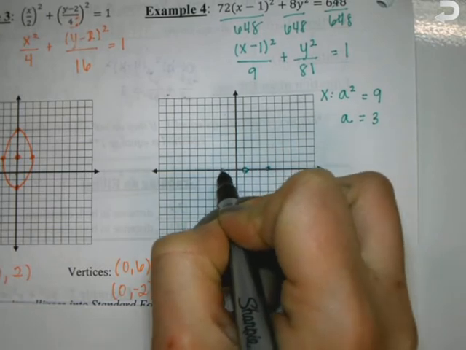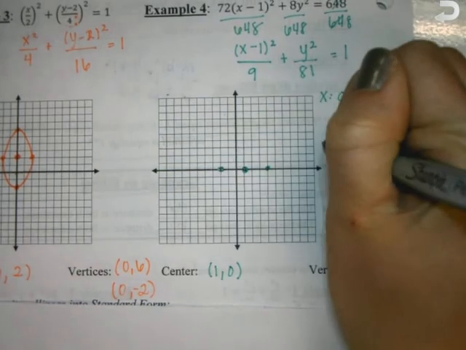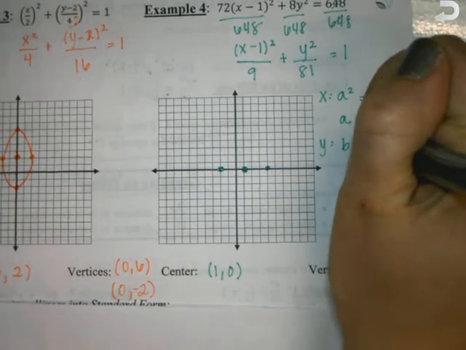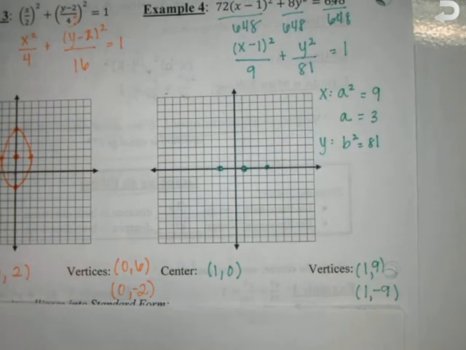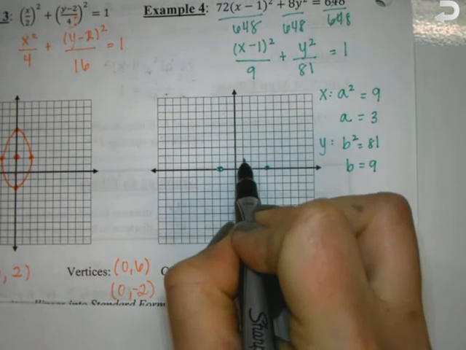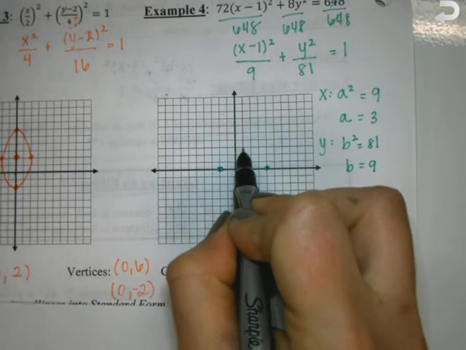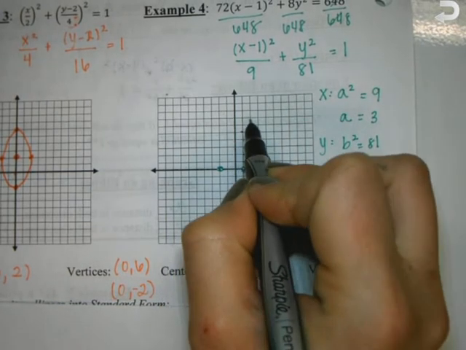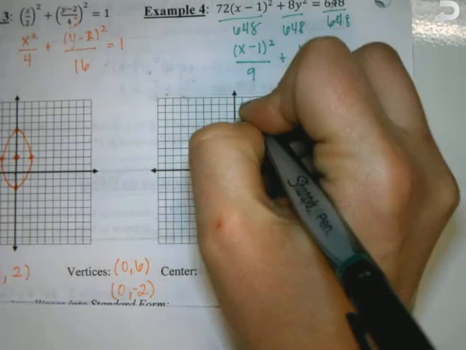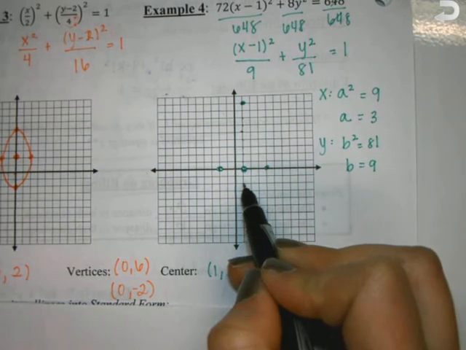So b is equal to 9. So I go from the center up 1, 2, 3, 4, 5, 6, 7, 8, 9. And I go down 1, 2, 3, 4, 5, 6, 7, 8, 9. Okay. And then I sketch that guy.